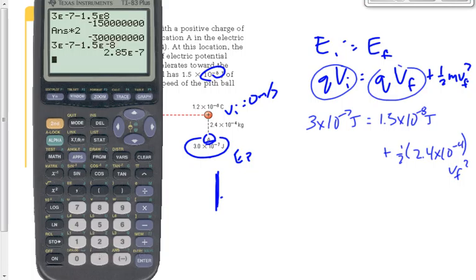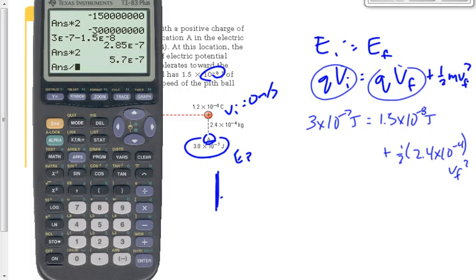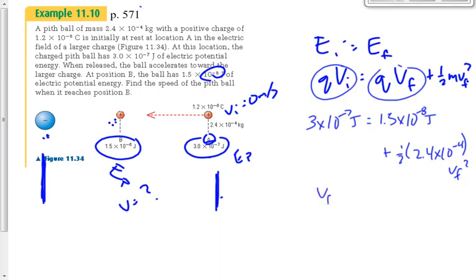Now let's multiply that by 2. Let's divide that by the mass, divide it by 2.4 times 10 to the minus 4. And now let's square root that to get V. When we do, we get 4.9 times 10 to the minus 2. So Vf is 4.9 times 10 to the minus 2 meters per second.